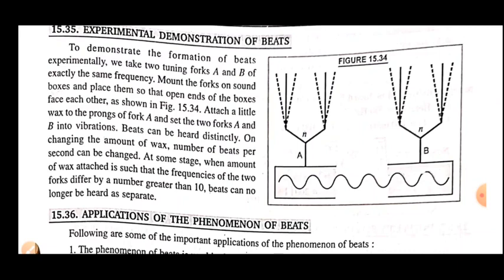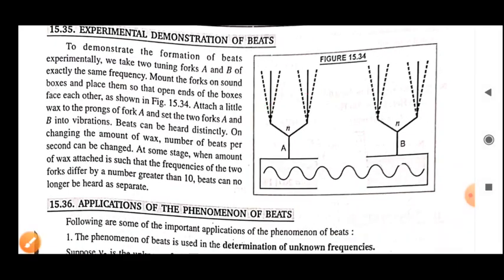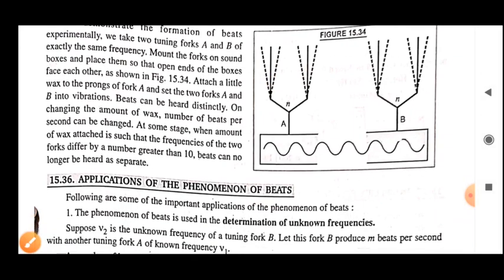Next, attach a little wax to the prongs of fork A. This section is known as the prongs of the fork. Now set fork A and fork B into vibration. By vibrating them, you can clearly hear beats.